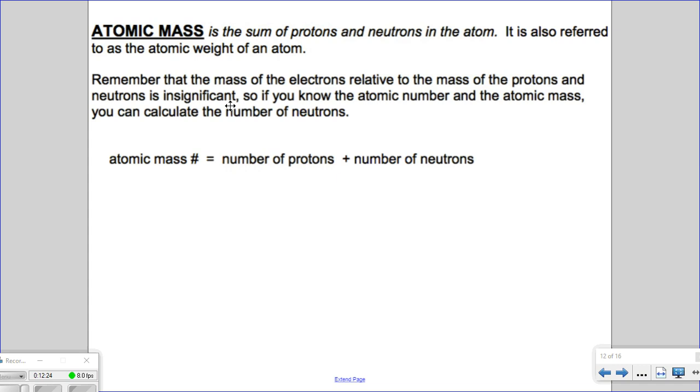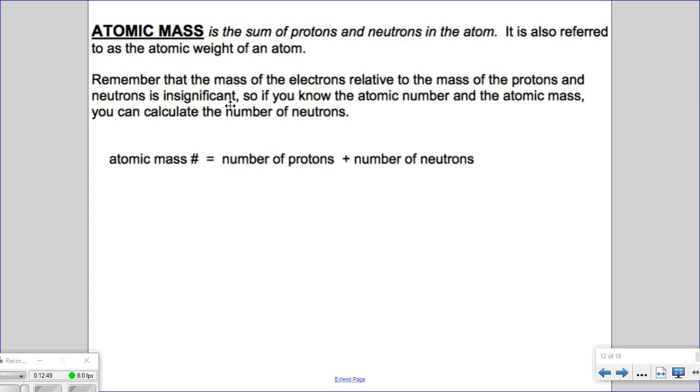It takes 2,000 electrons to equal the mass of one proton. No element has 2,000 electrons in it, at least that we know of. So the vast majority, if not all, of the mass of an atom is going to come from the number of protons and neutrons.